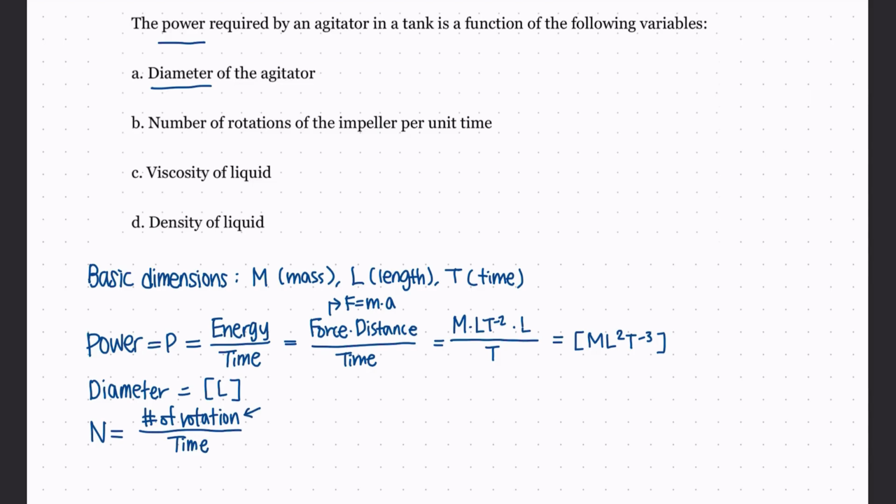Since number of rotation is dimensionless, we can simply write the dimension of this variable as T to the negative 1.